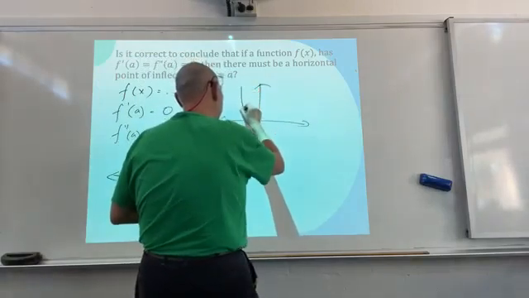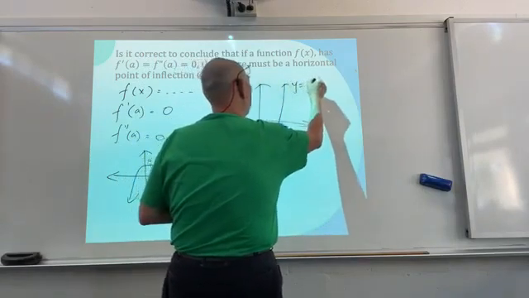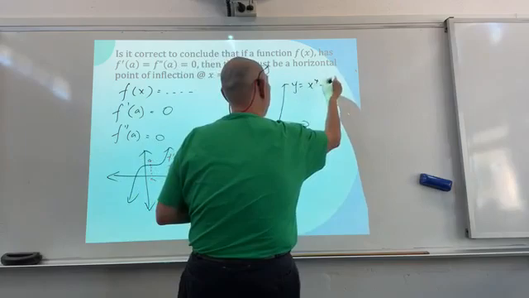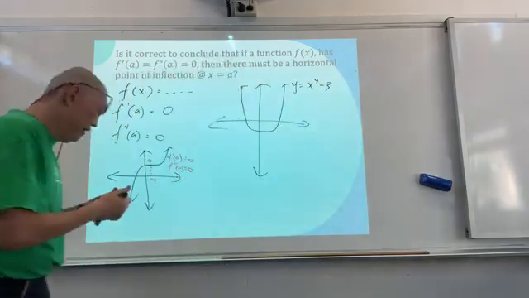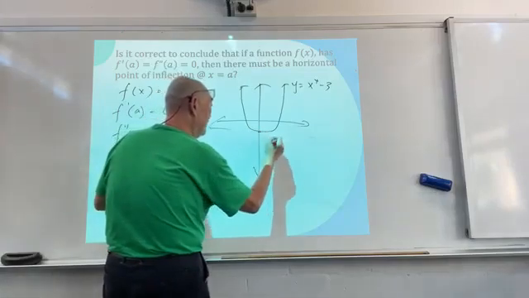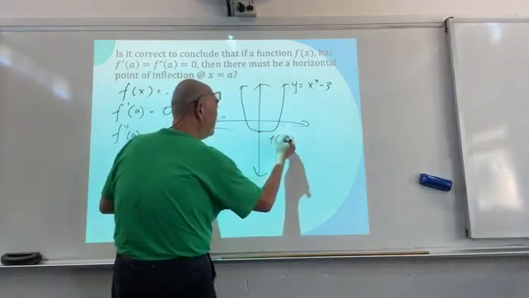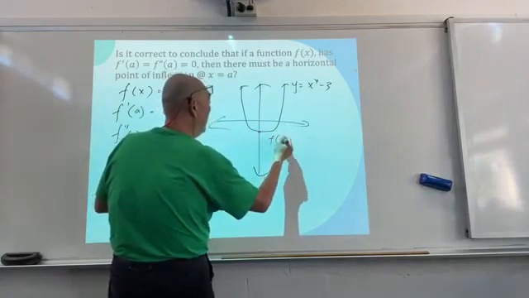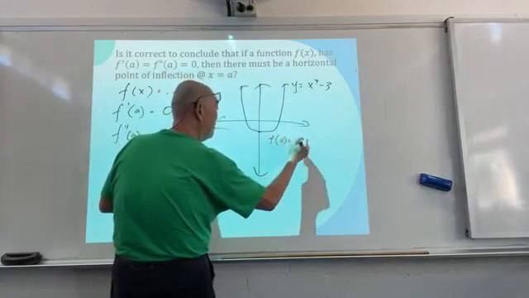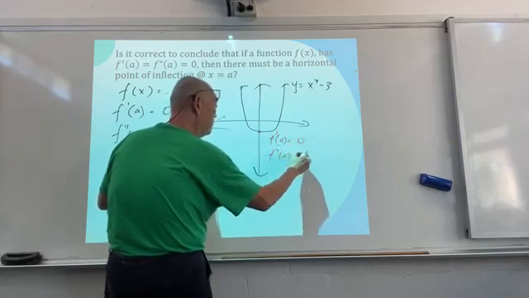So let's say x to the power of 4, minus 3. At this point here, f'(x) would be 0, still 0.